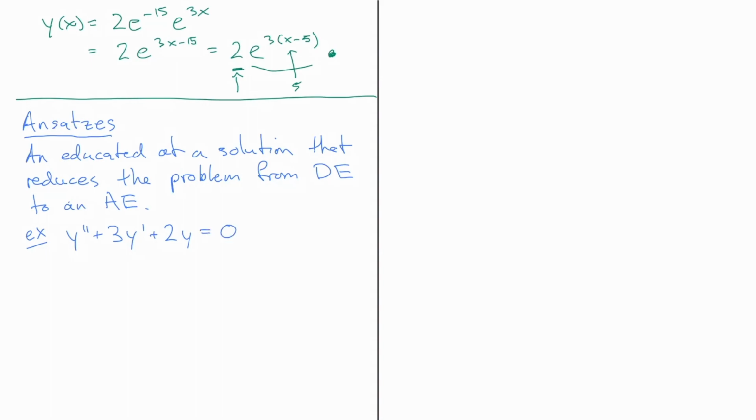Okay, so here I have a differential equation that involves the sum of three pieces. It may seem a little bit surprising at first when I pull out a functional form that I think is going to satisfy this, but let me give you a preview of why this functional form is useful. Imagine if we had a function that when you took its derivative and its second derivative, the basic function itself doesn't really change.